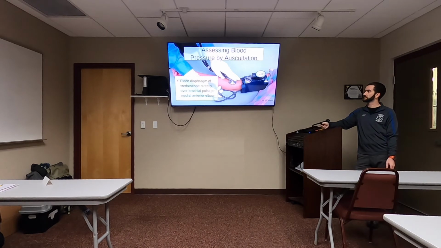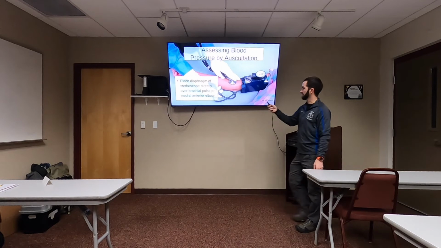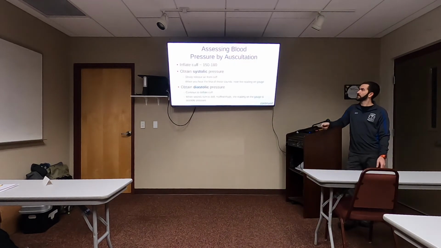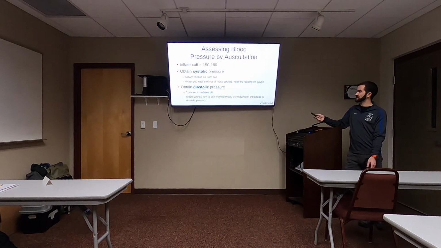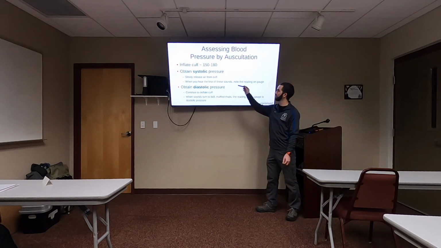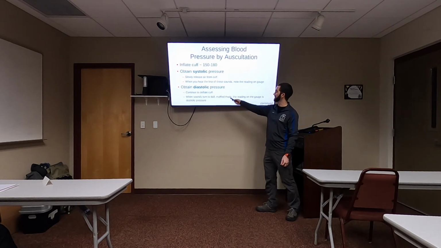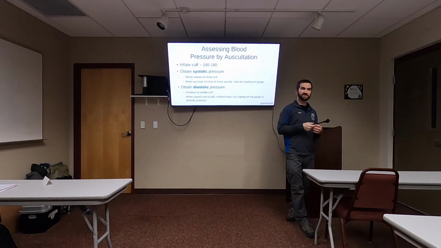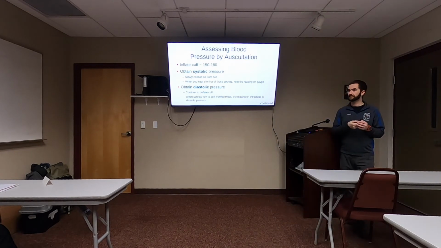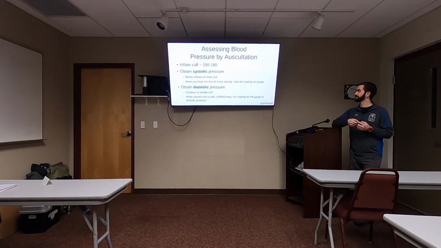That's the upper number. And usually you want the stethoscope up a little higher there. So again, when you first hear the pulse coming through, that's their systolic. And you keep letting pressure out. When you can't hear it anymore, that's the diastolic. This just takes practice. We'll practice some tonight.